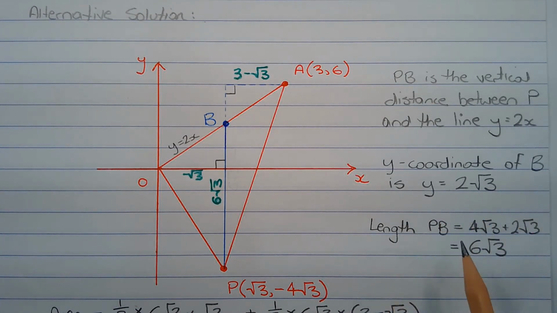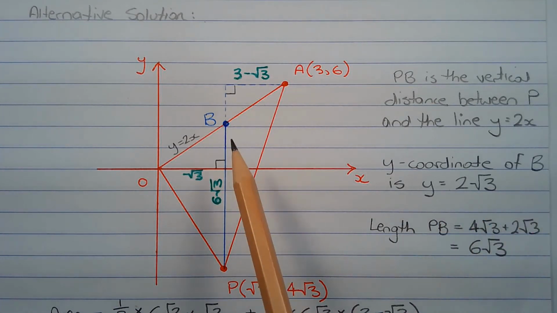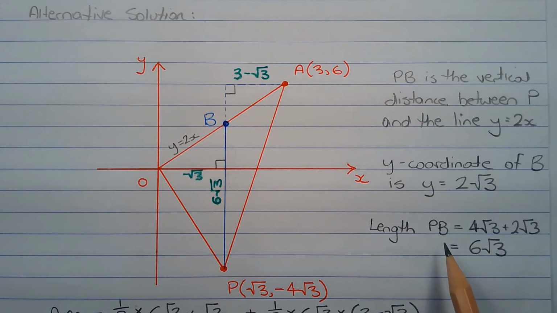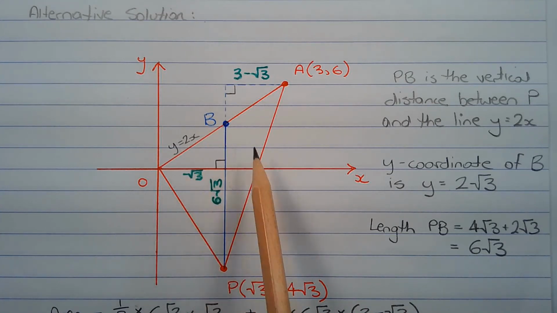Now the length of PB is the difference between the y-coordinate of B and the y-coordinate of P. So it's 4 root 3 plus 2 root 3, which is 6 root 3. The significance of PB is that it serves as a common base between these two triangles, that is triangles OBP and ABP.